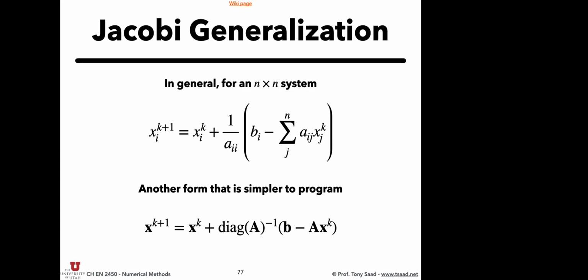Whereas the form below, you can do it just as a vector matrix multiplication in Python, but that only applies to the Jacobi method. The form that requires a for loop in this first equation will allow us to simply extend this to the next method we're going to talk about, which is the Gauss-Seidel method.